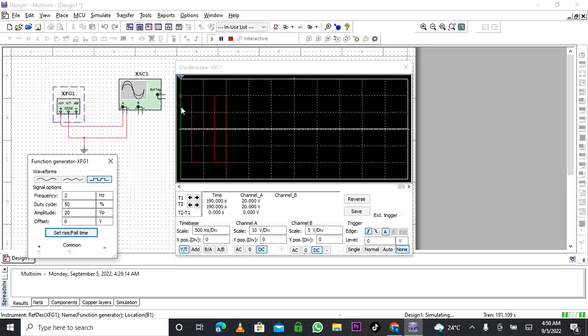For that pulse, we would set the function generator to, and it doesn't specify frequency, so you can just make it whatever. 2 hertz is fine. Probably makes it easier to see. Makes it easier to track the signal.